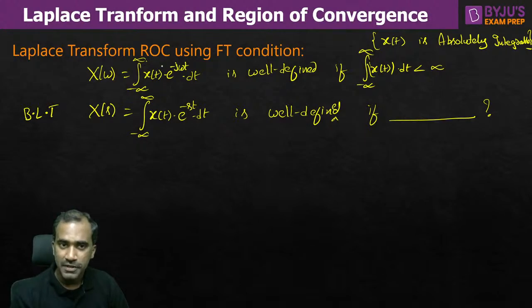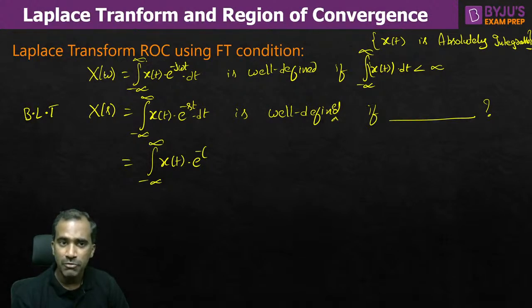Since these two are looking similar, let's try to understand the condition for this using this one. Is that okay? So let's rewrite this. Integration from minus infinity to plus infinity, x of t into e power minus s t. s is not the same as j omega.